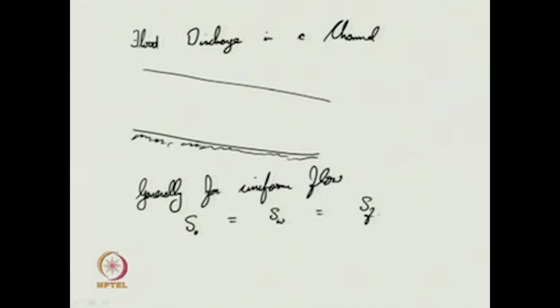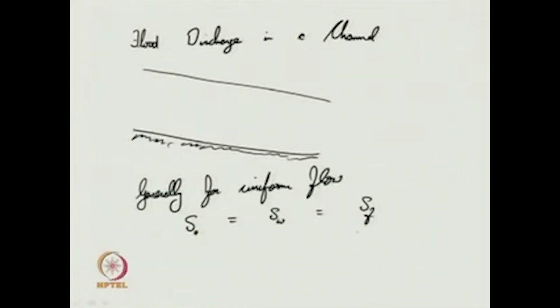This approximation is quite valid for general shape channels or even for laboratory experiment channels. However, if you go through natural streams and rivers, you may seldom see all these parameters exactly equal.